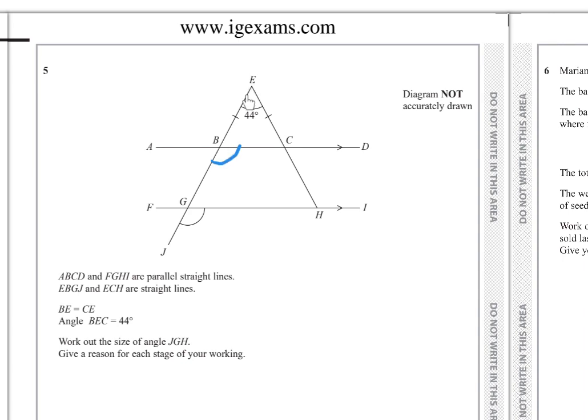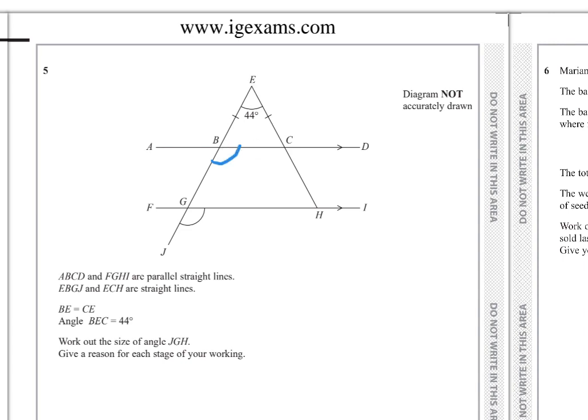Now we have EBC isosceles triangle, so we can find this angle. 180 minus 44 divided by 2, you can find that one. Then 180 minus that to find this angle, then we can find the other one. So we need to write the working. First, we can find this angle EBC.